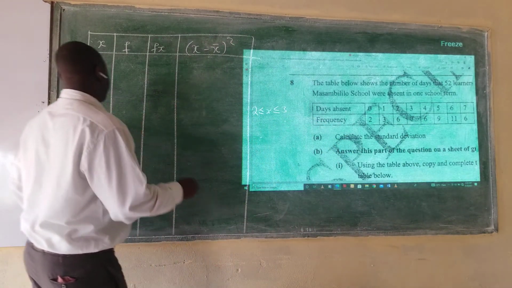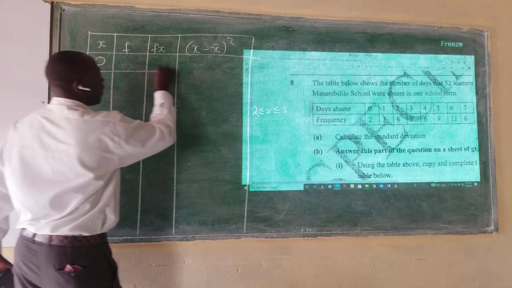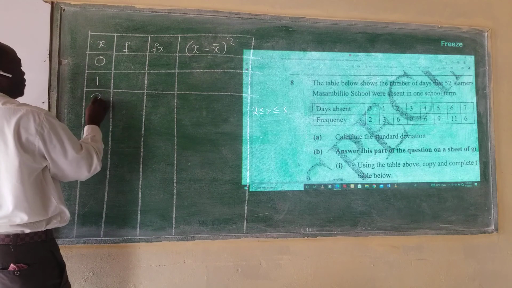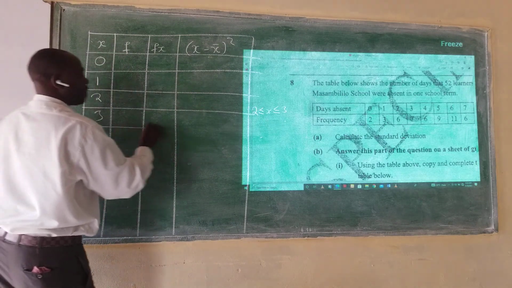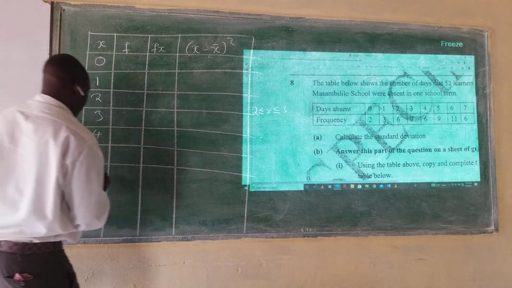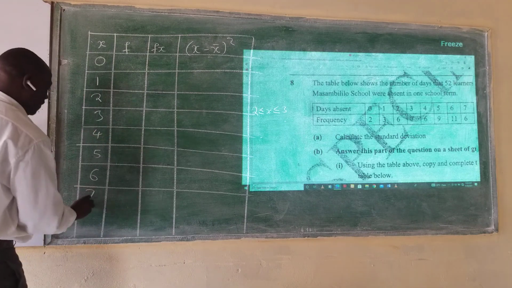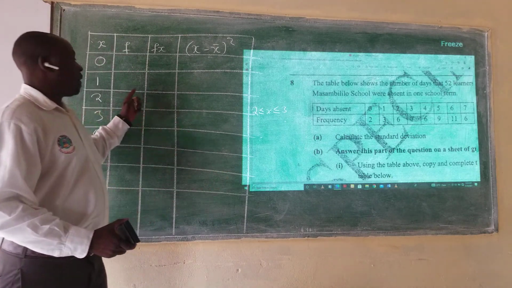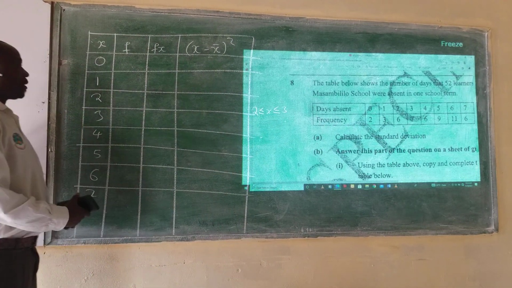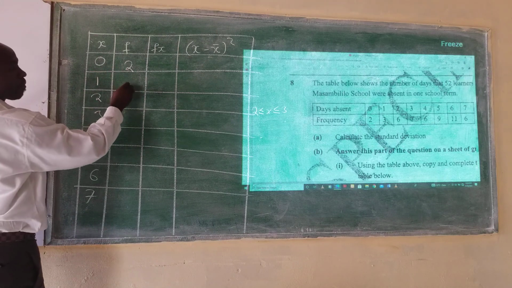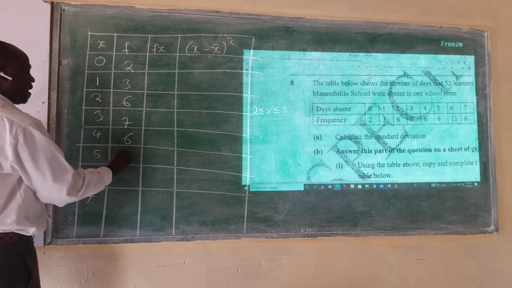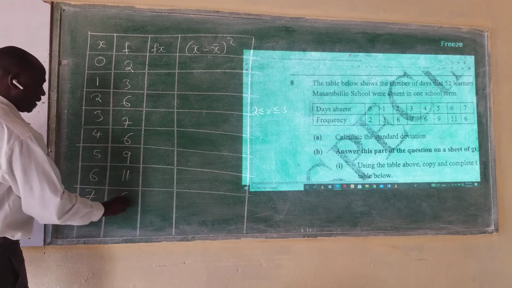We just write down the first one is 0, the second one is 1, followed by 2, 3, 4, 5, 6, and 7. For the next column, frequency, we just write down the frequency under this column: 2, 3, 6, 7, 6, 9, 11, and 6.